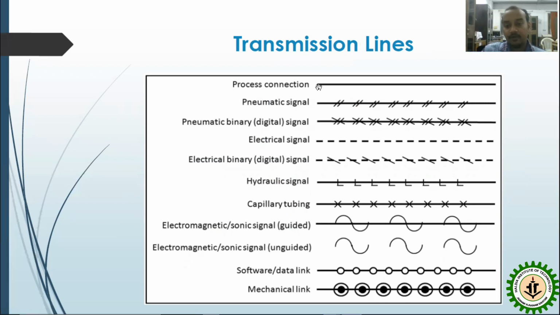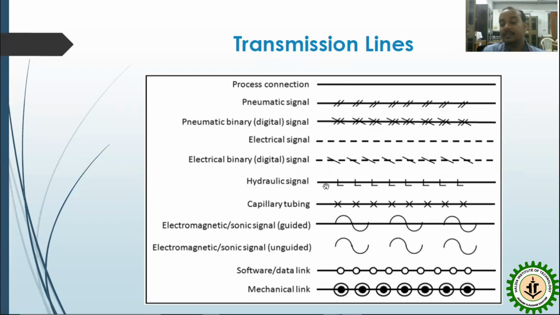So if you have a continuous line in your P&ID, no need to think about it, and please take it into consideration that it is a process connection, nothing but a process connection. A pneumatic signal will be represented by a continuous line with a double cut in it. An electrical signal is represented by a dashed line.